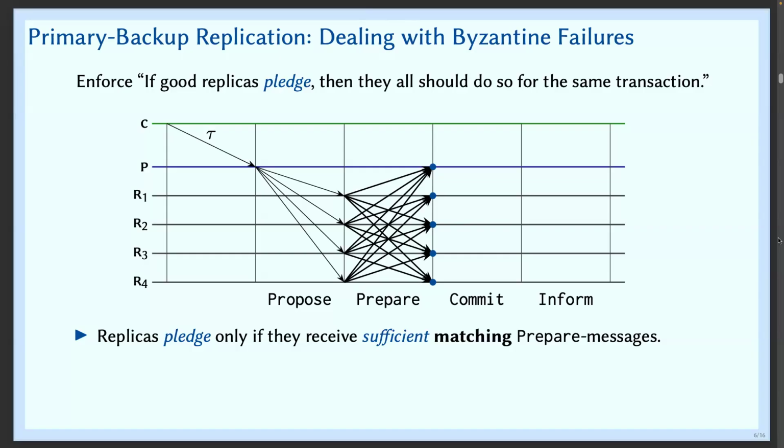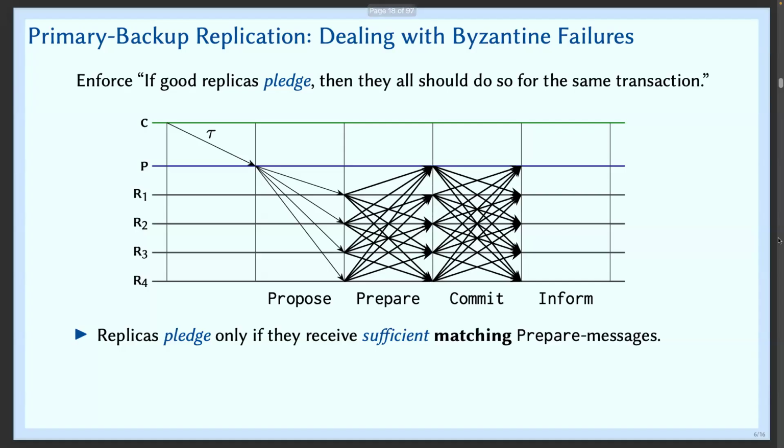So in a sense, maybe there's already an agreement or consensus reached, because everybody said they got the same thing from the primary. So why do I need yet another exchange of messages, a quadratic exchange of messages?